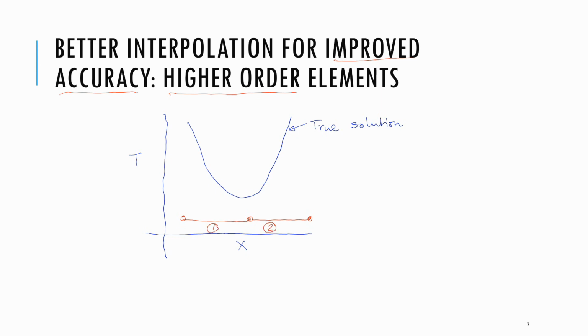So if I do the computation, remember computation is always done at the nodes, and so my computed value could look something like this. The temperature here, and I calculate here, and I calculate here, let's say.